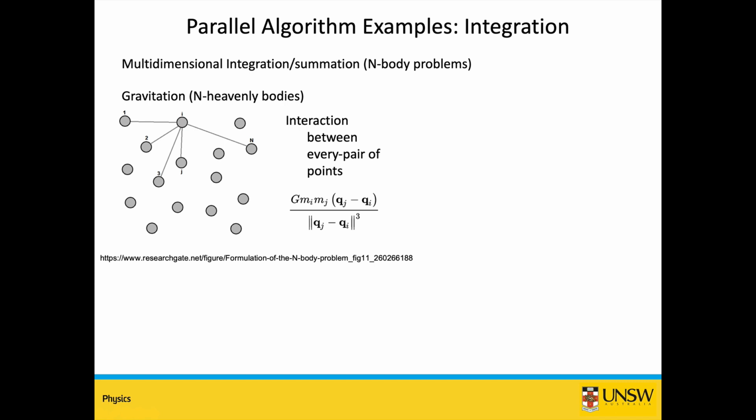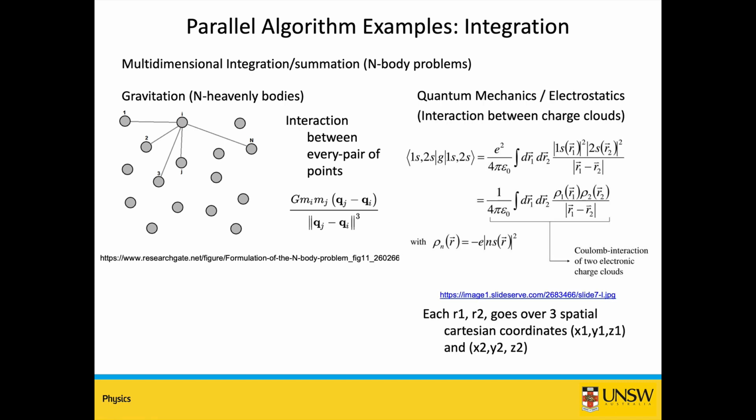And then to describe the motion of each one, you have to take their interactions into account, all point-to-point interactions between them, and you get this large summation over many planets or heavenly bodies, and then it's a complicated problem to solve.